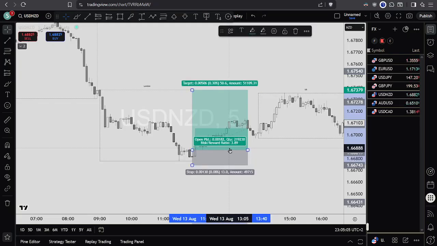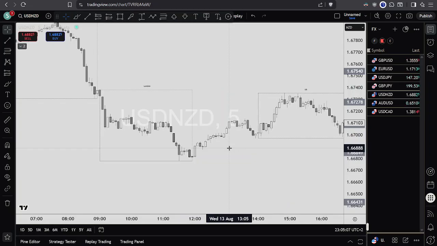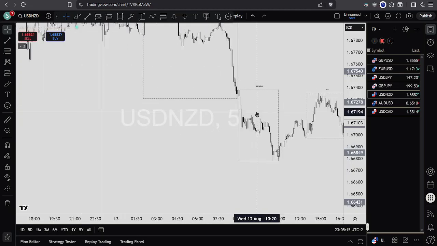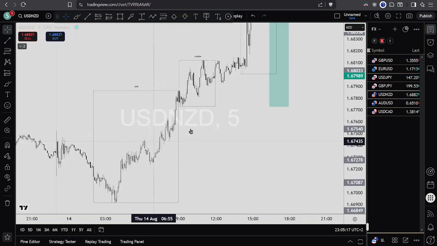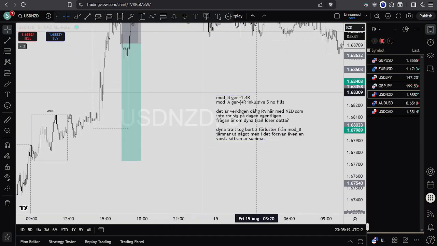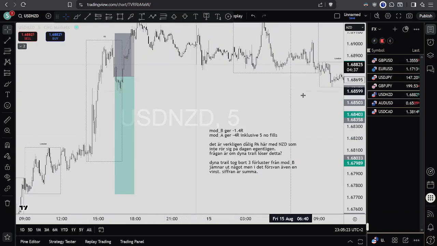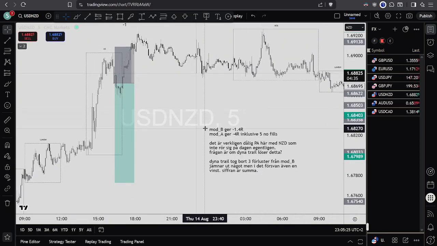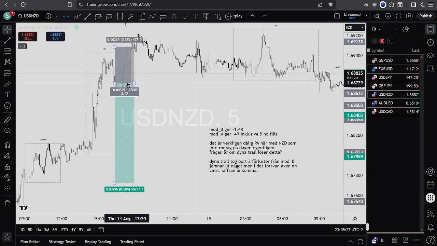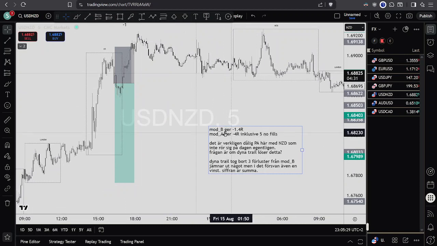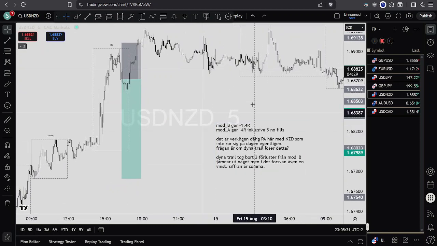I can only assume that the 5 trades that did not fill absolutely impacted the results. That's one thing. Another thing is this sample I did first, so it's one month of data only. I did model B, then I moved the entry to model A, and then I got these results.